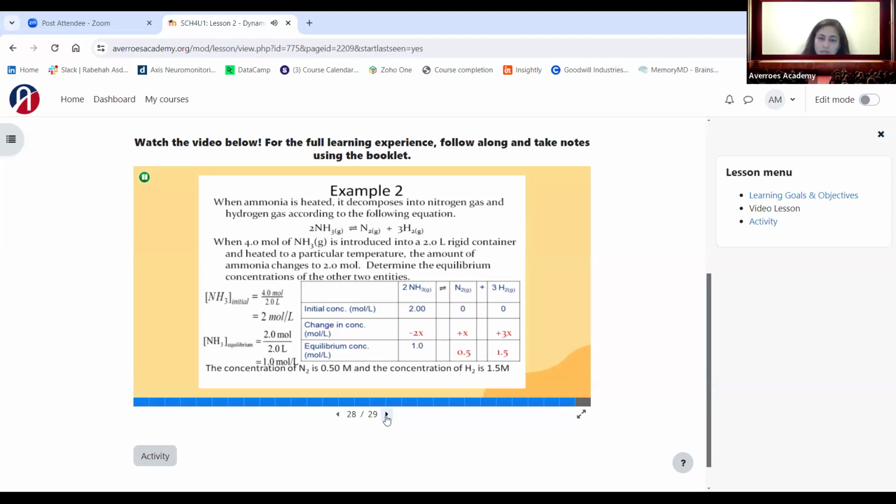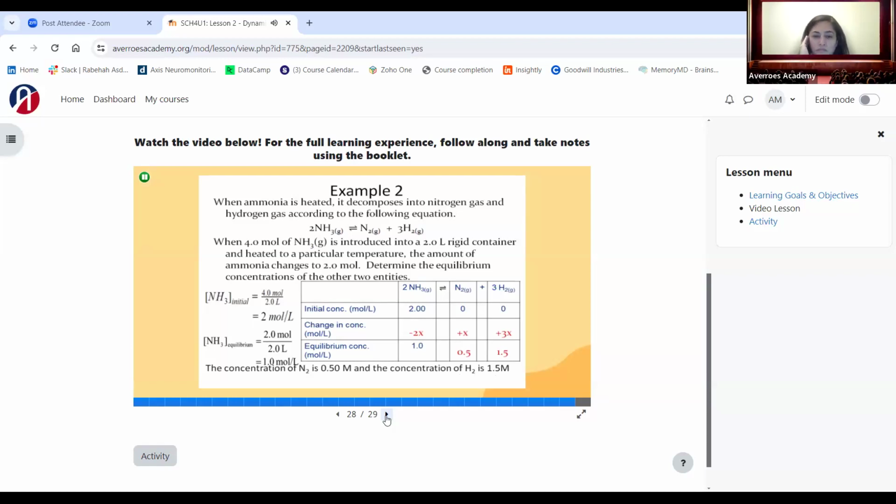Notice then, which is shown here, that the multiples of x correspond to the coefficients in the balanced equation: 2NH3 yields N2 plus 3H2. So the change for our reactant is going to be minus 2x and our products plus x and plus 3x. So it's a 2 to 1 to 3 ratio. Our initial concentration of ammonia is 2 moles per liter, and our equilibrium concentration is 1 mole per liter.